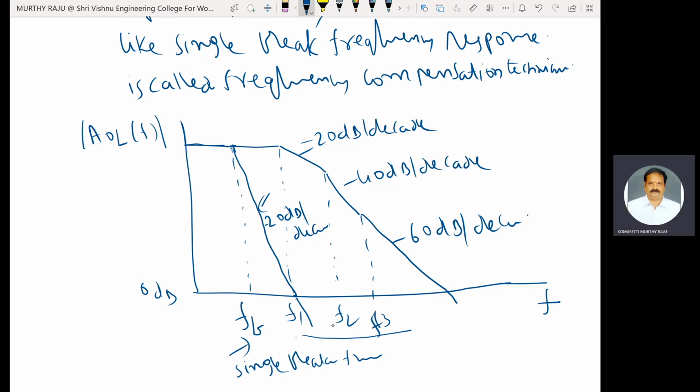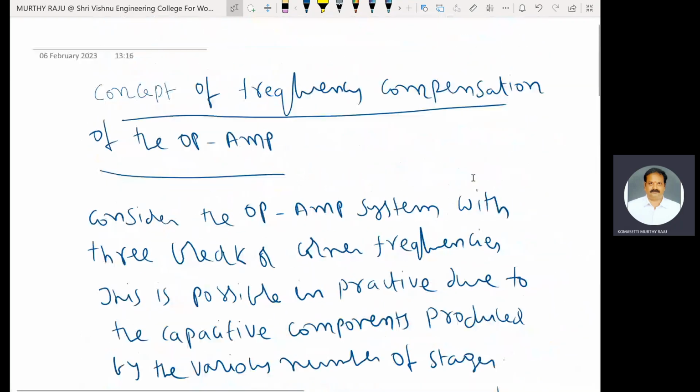These are the break frequencies of the uncompensated network. By using this, we avoid the instability of the op amp. With this, the frequency compensation concept is completed.